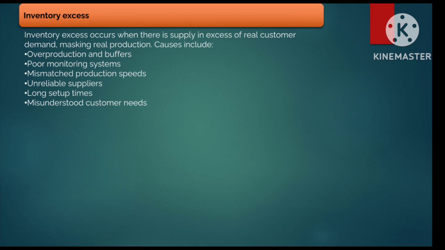Let's move on to the next type of waste, that is inventory, excessive inventory, right? Anything which is in inventory is a waste until it is sold. So very, very important, try to minimize the inventory as much as possible, because keeping inventory again needs a lot of effort, resources, maintenance, right?